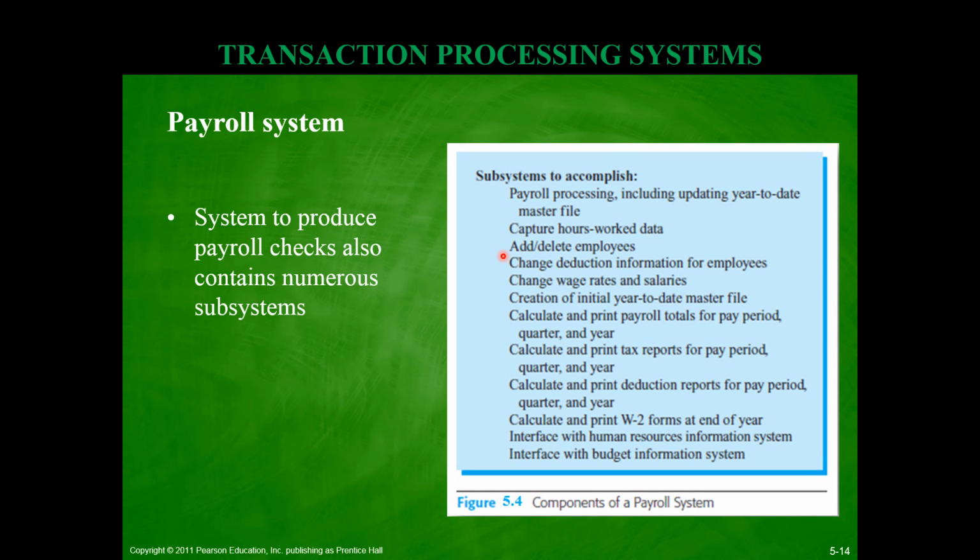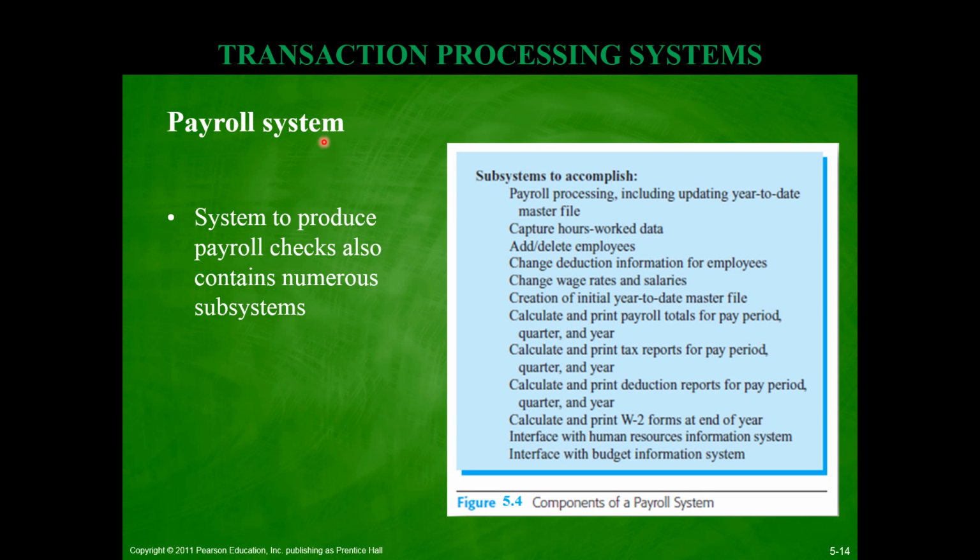For example, adding or deleting employees to the payroll, capturing hours worked, changing wage rates and salaries, calculating the paycheck amount, processing information in relation to W-2 forms. So a transaction system such as payroll system may involve a number of important and complicated sub-processes.